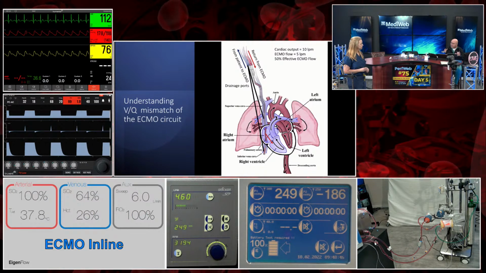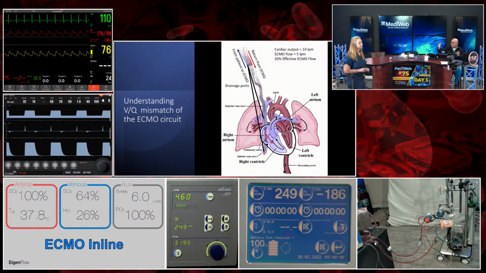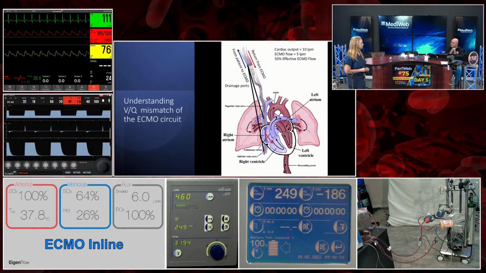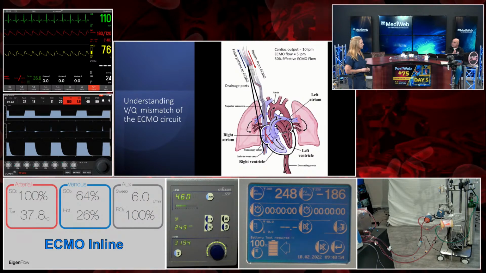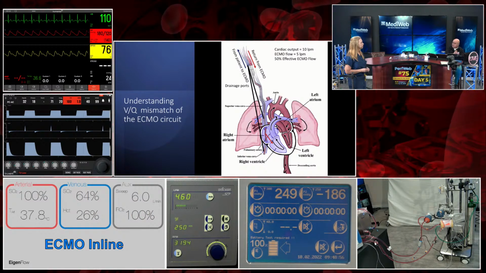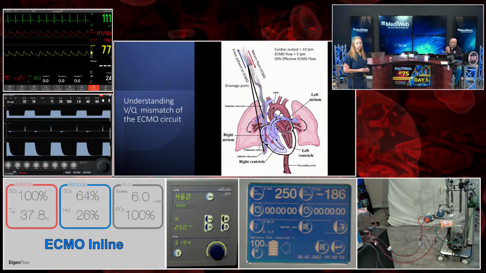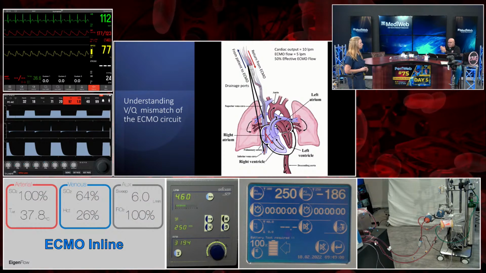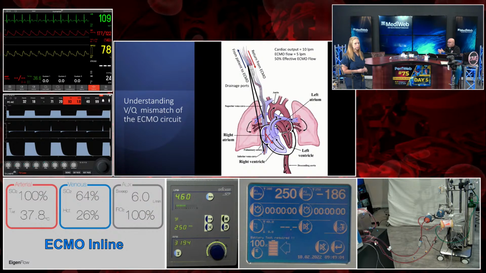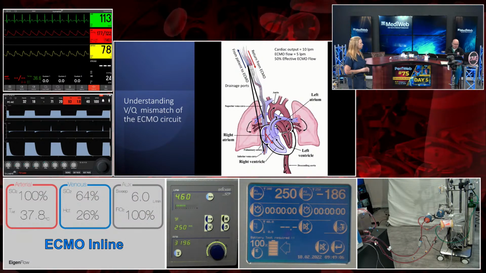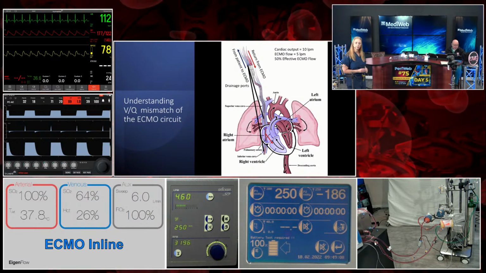If you did have that, it would help you, because with that VQ mismatch of the ECMO circuit, if they were hyperdynamic, you would at least get them from a very low sat to a higher sat, and then the lungs would add some contribution, and your distal, peripheral or systemic sats would be much, much better. So what is the appropriate treatment for this?